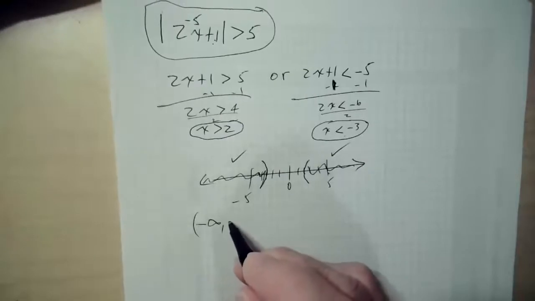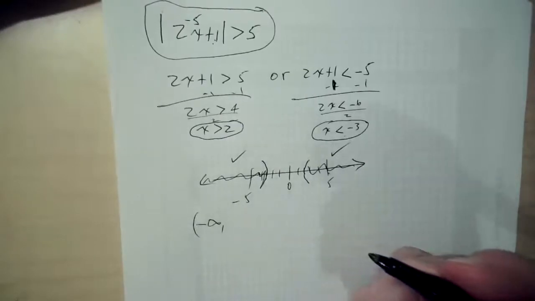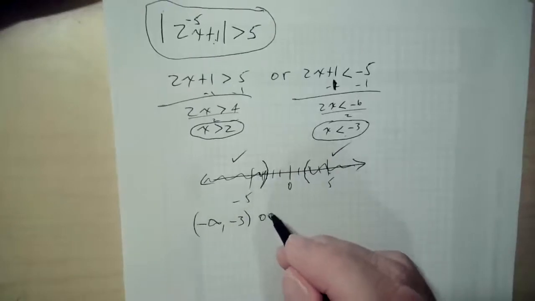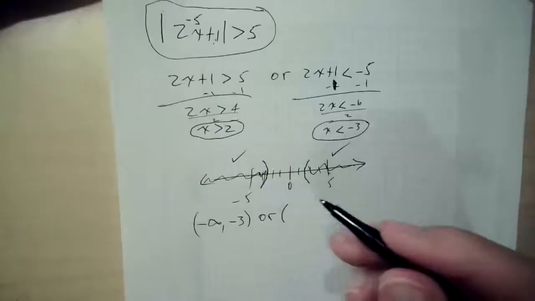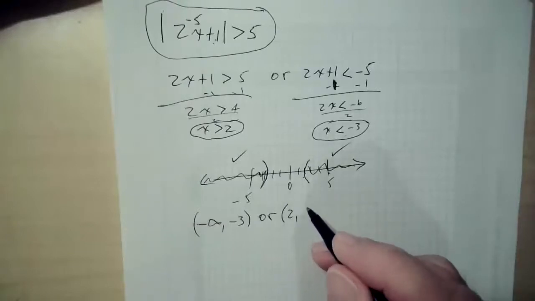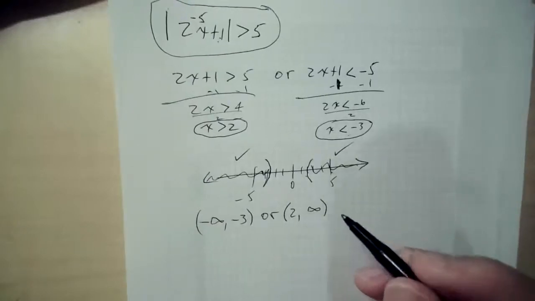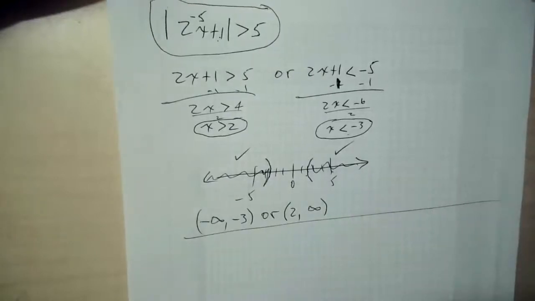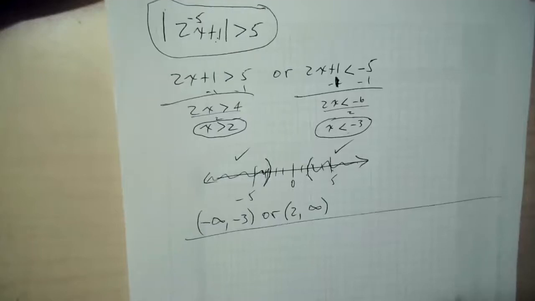Negative infinity to, where are we? -3, or to positive infinity. Those are the interval notations. So everything there is true.